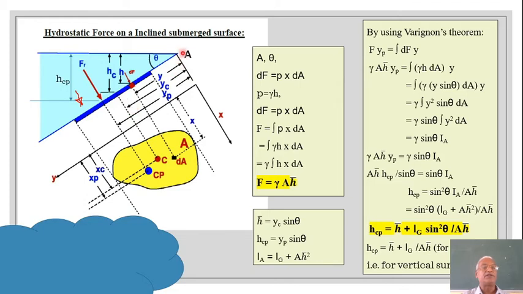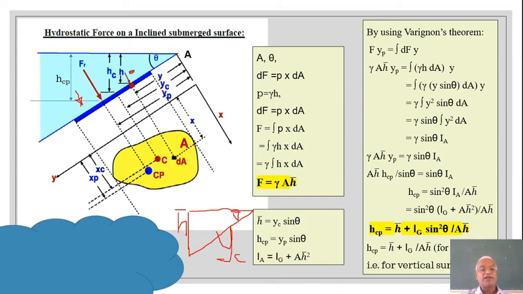In this triangle, if I try to draw it here, this angle is theta, this side is YC, and this is H bar or HC.